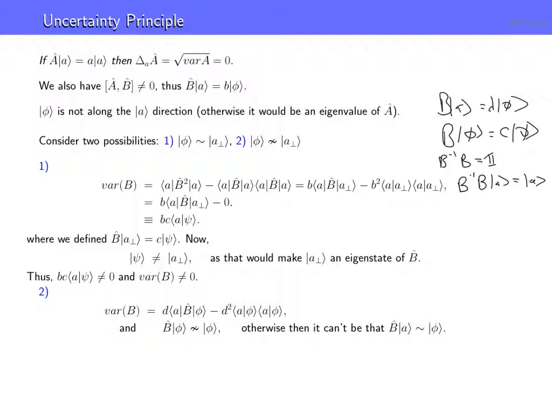But notice what that does. This tells us that B inverse acting on phi has to equal 1 over D times A, because that's the only way we can get back to where we were. Now, if that's the case, let's look at the identity, B inverse B acting on phi, and we'll make the assumption up here that it's equal to C phi.